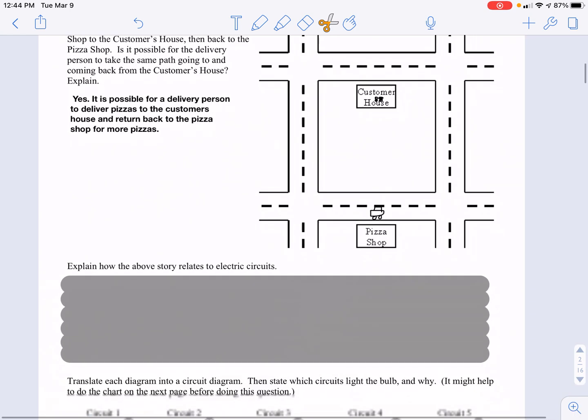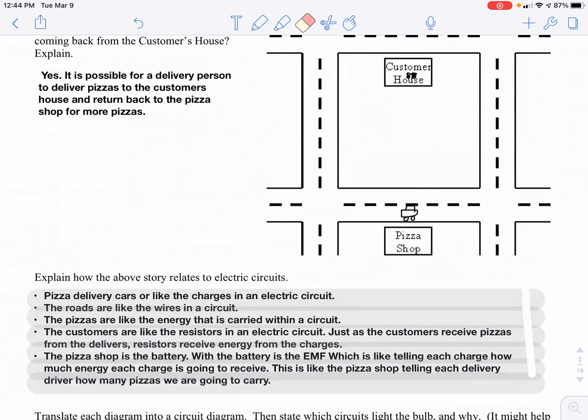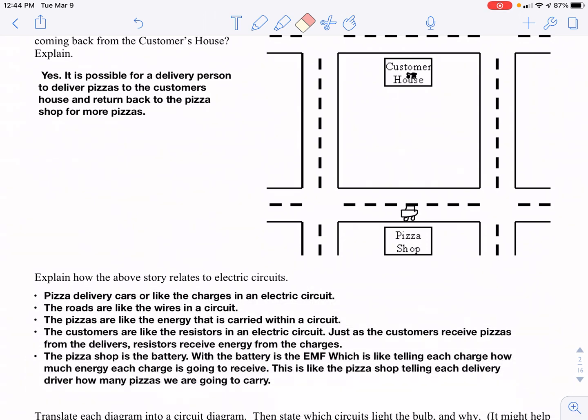In this analogy, the pizza car is like the charges in an electric circuit. The roads are, of course, the wires. The pizzas represent the energy that is carried by the circuit. The energy is gained by each charge from the EMF of the battery, and those pizzas are delivered or given off to the customers.